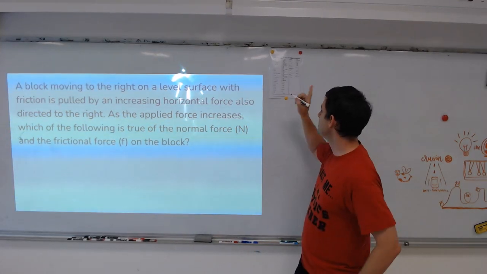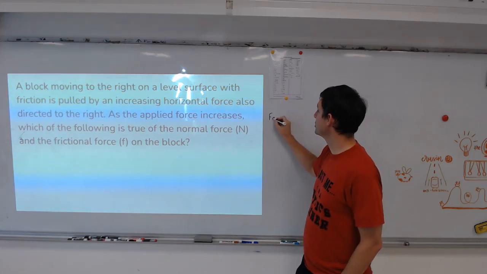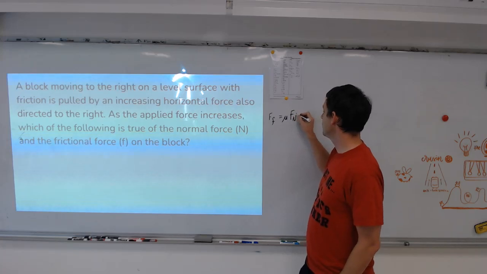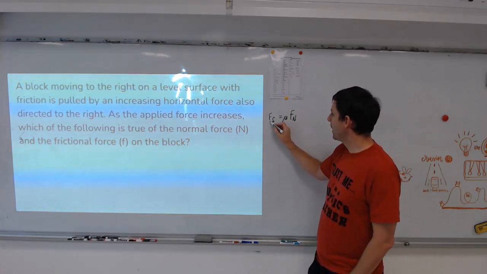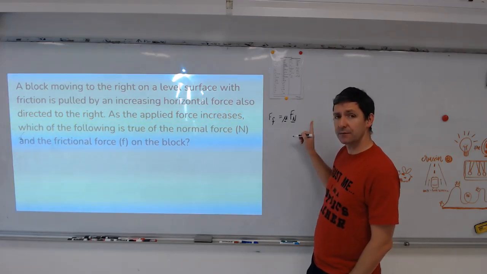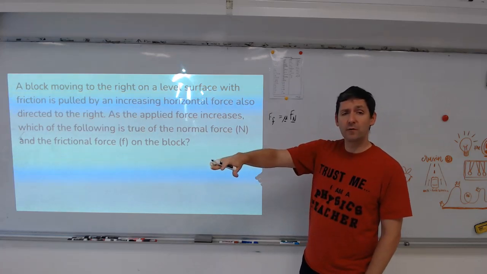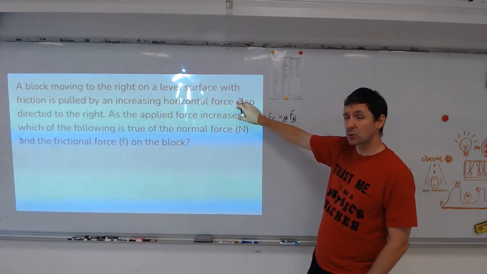Remember as well, we do have the equation from our formula packet, which is that the force of friction is equal to the coefficient times the normal force, with absolute value bars and all that kind of stuff. But the force of friction only depends on the coefficient and the normal force. And the normal force is independent because it's vertical and the additional force is horizontal.